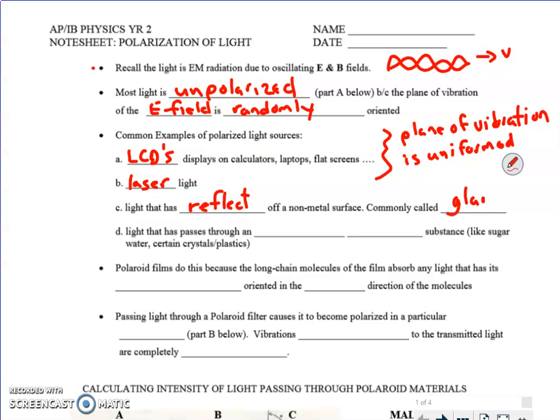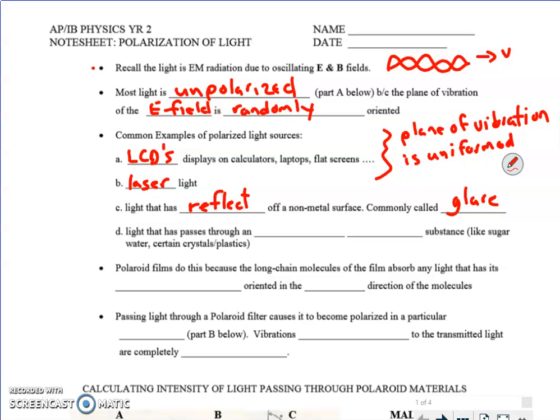And that light that reflects off is often called glare. So if you're ever standing near a lake, a pond, or even a river, and you see the glare, the reflections, if you will, of the objects near the bank, like the trees and whatnot, that reflected light is polarized, meaning that all the vibrational orientations are the same.